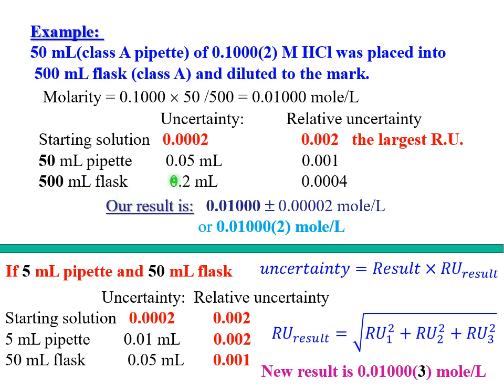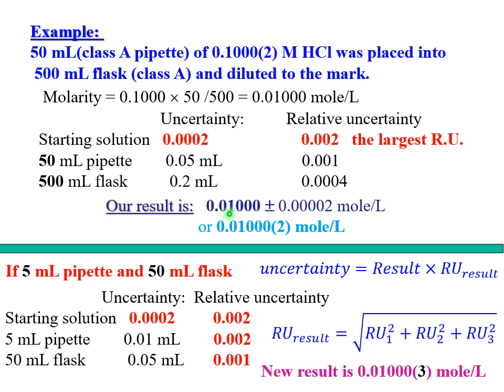The 500 ml flask has a tolerance of 0.2 mL, and relative uncertainty will be this number divided by this number, 0.004. Now, let's just look. These two numbers are much smaller than our starting relative uncertainty. So the only uncertainty that will be of any value will be our starting uncertainty. We retain relative uncertainty, and our starting uncertainty will be simply divided by 10.